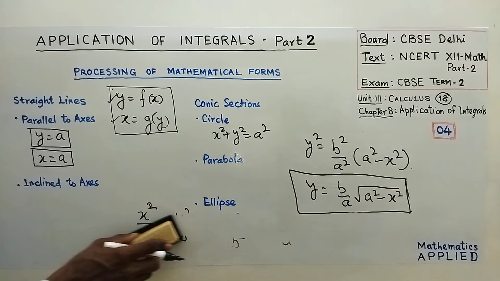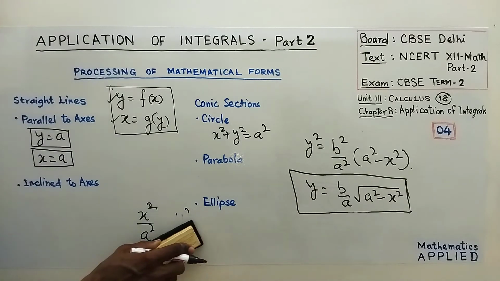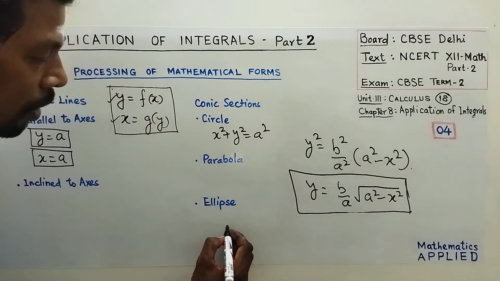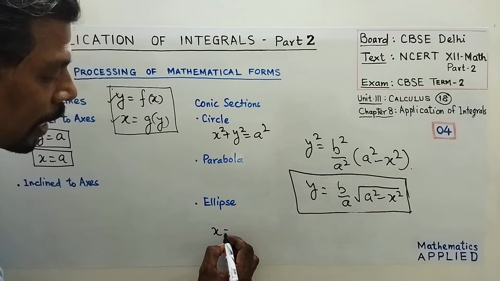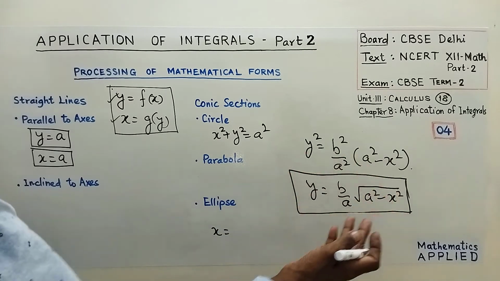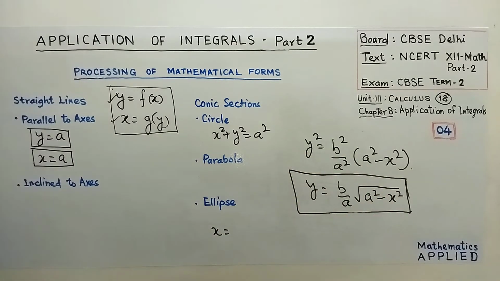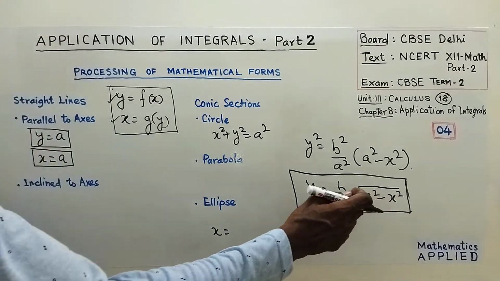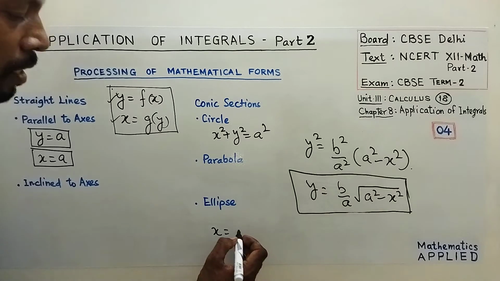Next one is the same curve but in the form of x. Okay, for x, so that is going to be x equals, now it is going to be x square by a square, the y square goes that side, so here there will be y, and y square by b square it will be, so here there will be b, and here a, and here b.